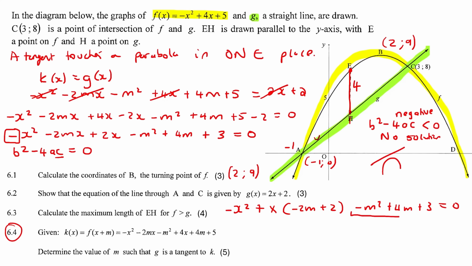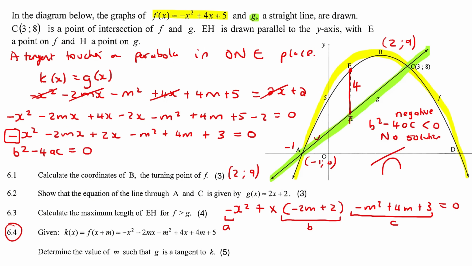So this part is going to be C, this part is going to be B, and this part is going to be A. Now this is pretty high level stuff, the rest is fairly easy, but understanding this part here is pretty decent, okay?